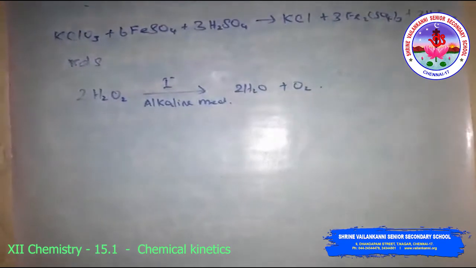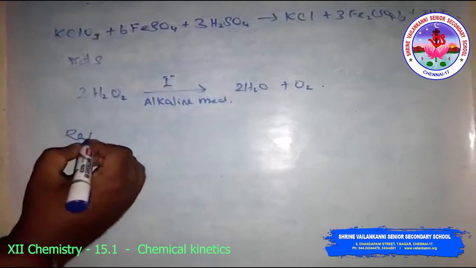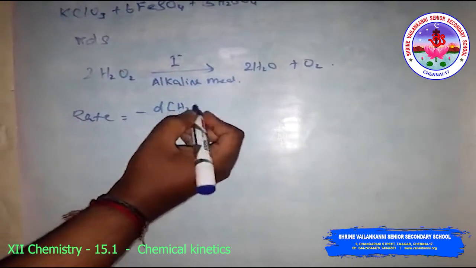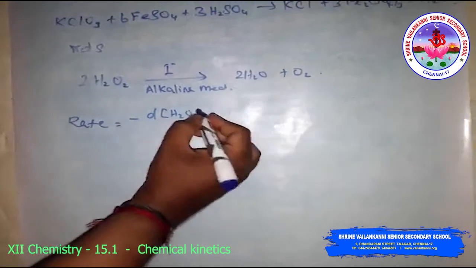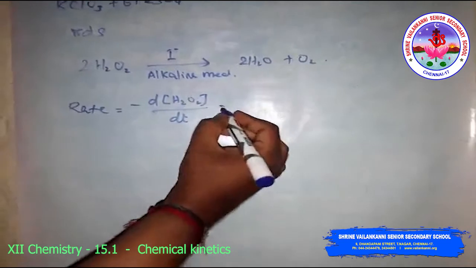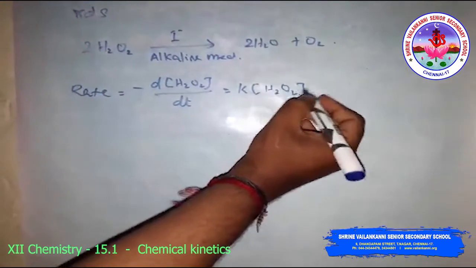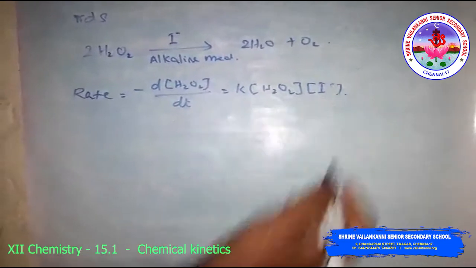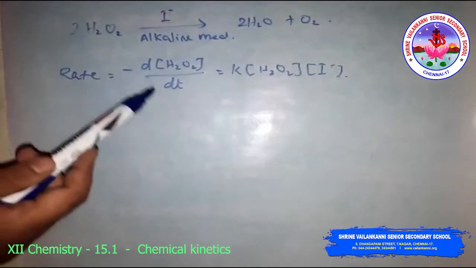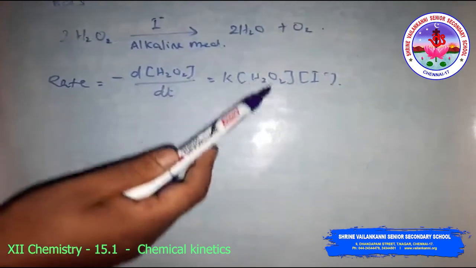So the rate equation for the reaction is found: rate is equal to minus d[H2O2]/dt is equal to k into [H2O2] into [I minus]. So the reaction is first order with respect to both H2O2 and I minus.